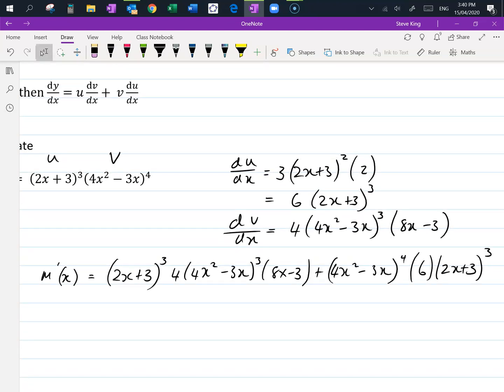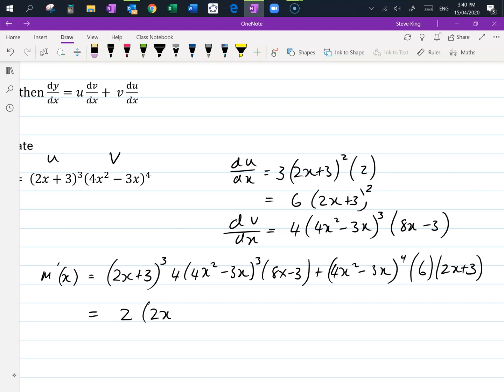Now, I'm not going to go and multiply that out in any way further. I'm not going to try and expand those. But what I can see when I look through it is I do have a common factor of 2, and I do have a common factor of, that over there shouldn't be 3, that should be 2.